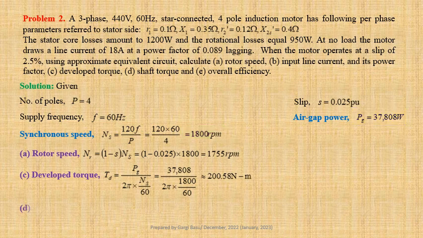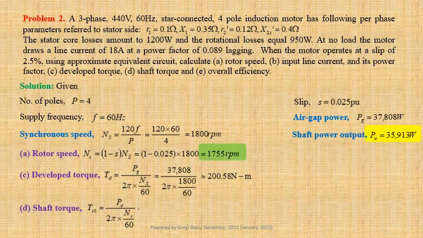Expression for shaft torque Tsh equals Po divided by 2 pi into Nr by 60. We have computed shaft power output Po equals 35,913 watts.